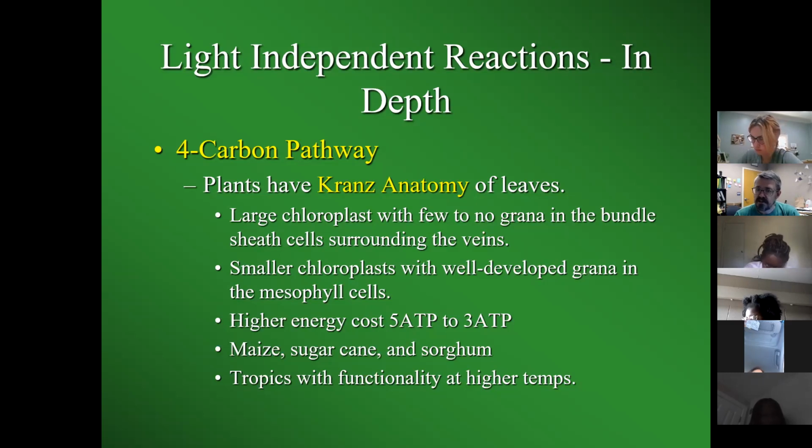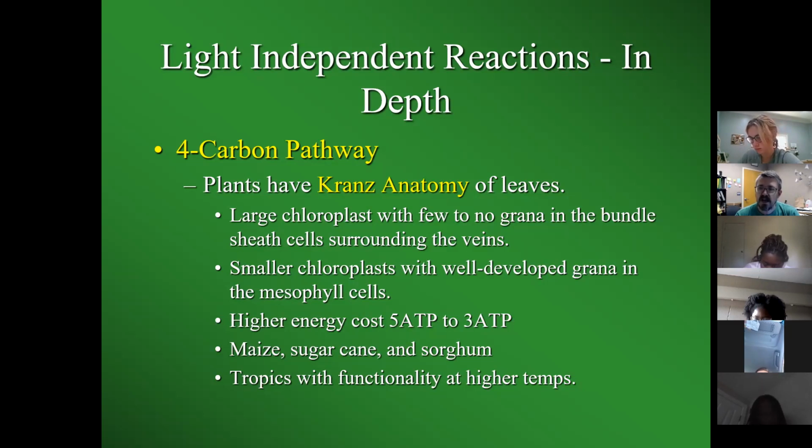Okay, C4 plants have Kranz anatomy. They basically have large chloroplasts with very, very few grana, if any. And they all are around the bundles, around the veins. They have some smaller chloroplasts, very well-developed grana throughout the rest of the leaf and the various mesophyll cells.